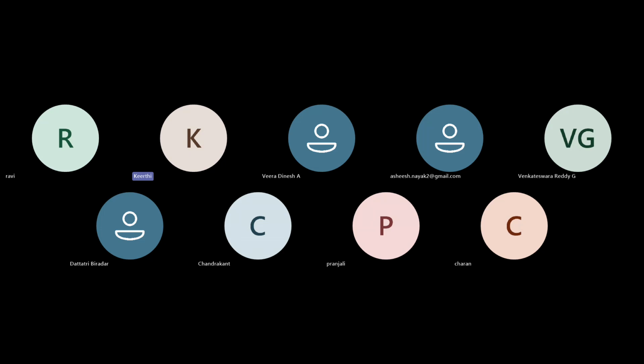But if the child class wants to access the parent class variables or methods, then we will use the keyword called super. We will write super dot method one, so that we can access the parent class methods.